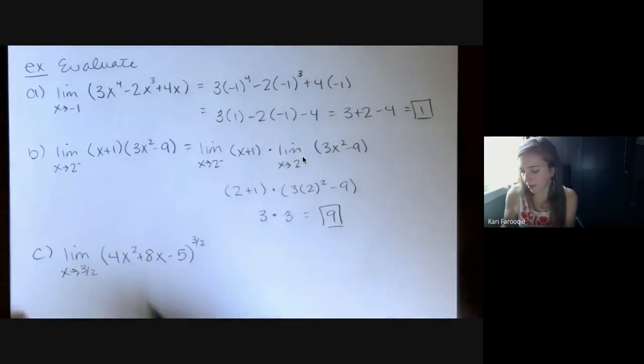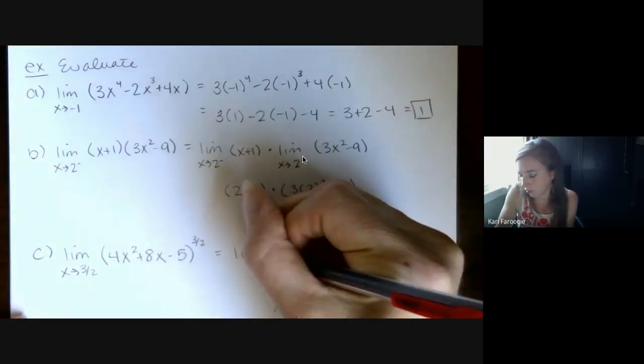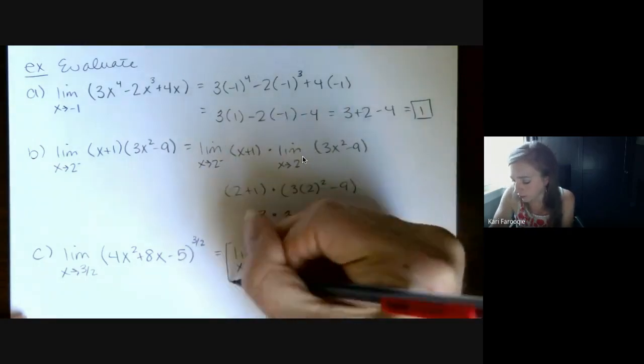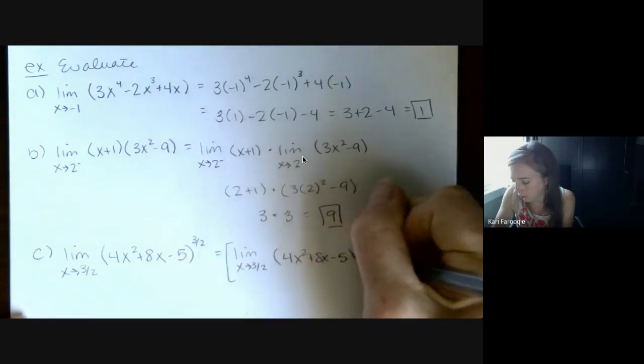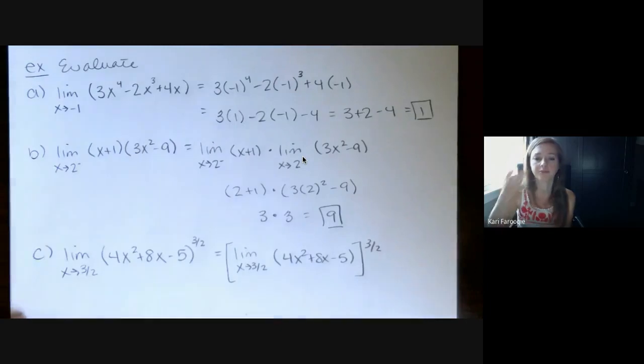Okay. Yes, technically you can just evaluate this directly. Officially, I didn't really give you a theorem for that. It's not the end of the world though. Just go ahead and take the limit of the inside function and then take your entire limit to the 3/2 power.